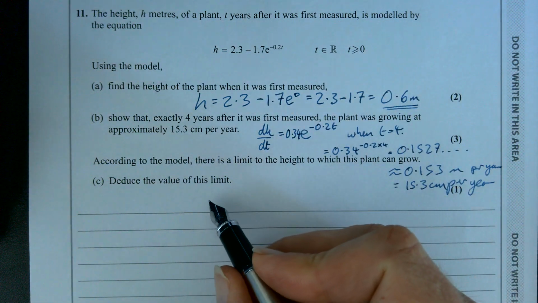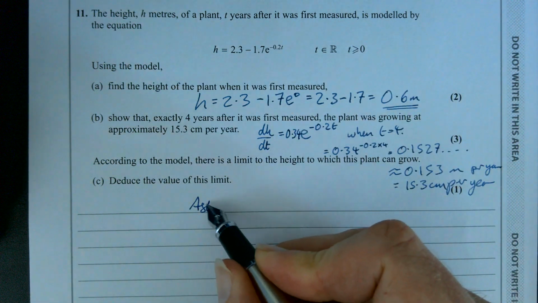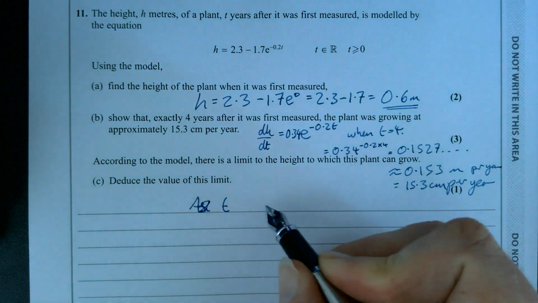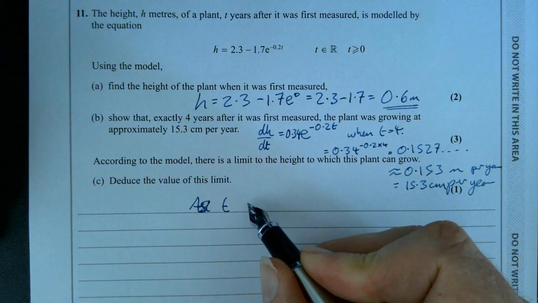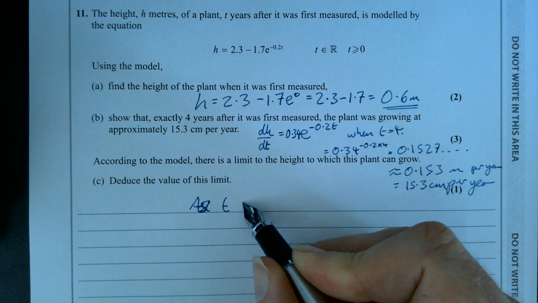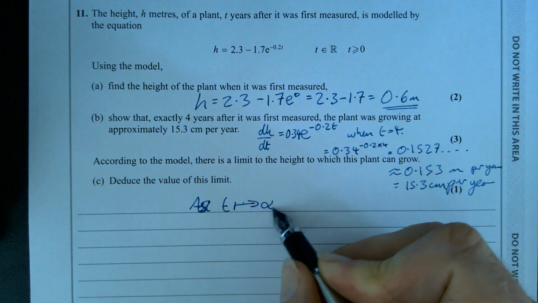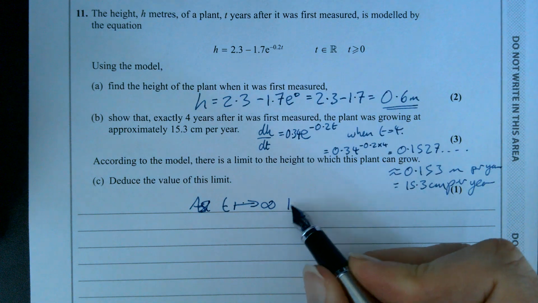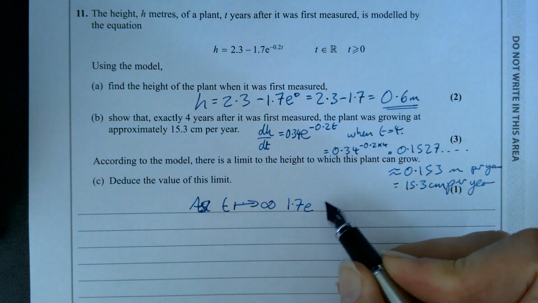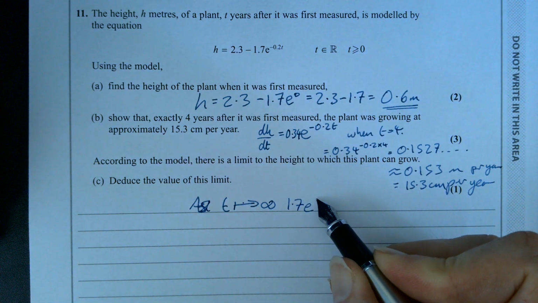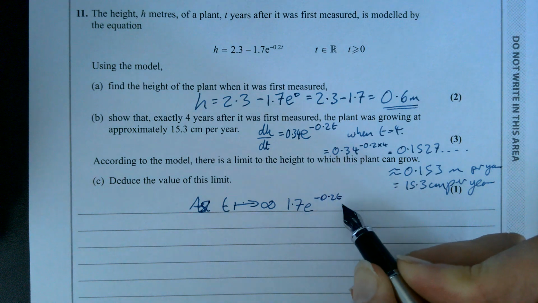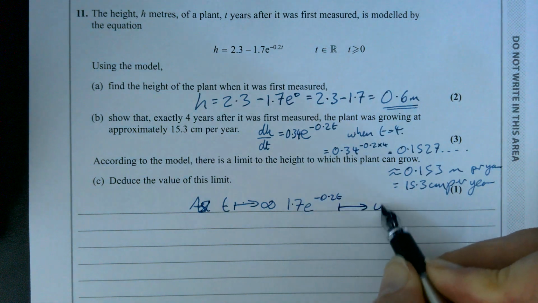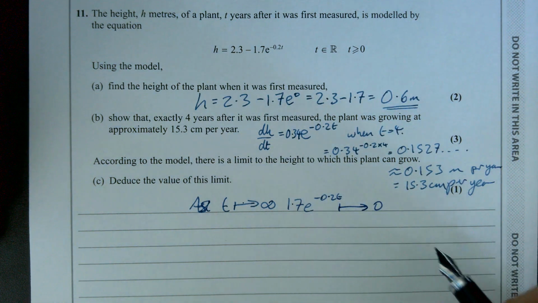So as t tends towards infinity, the value of this is going to tend towards 0.